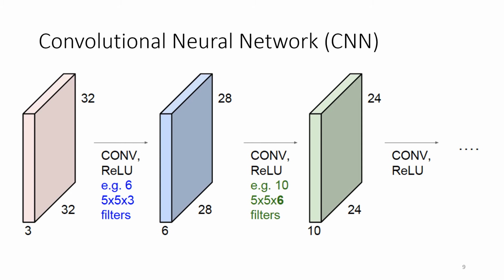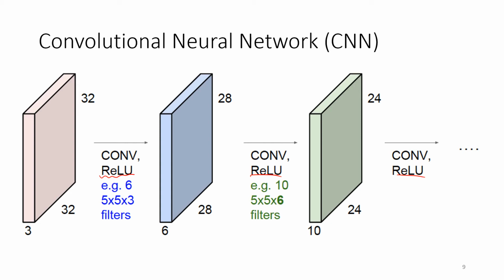We can stack these convolutional layers together pretty much the same way that we stack fully connected layers. So we have convolutional layers followed by activation functions, in most cases ReLU functions. Let's take a closer look. Again, the input is 32 by 32 by 3.